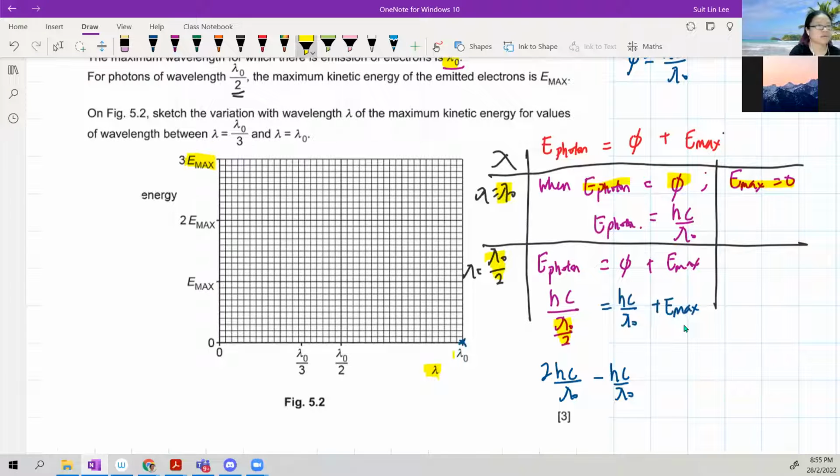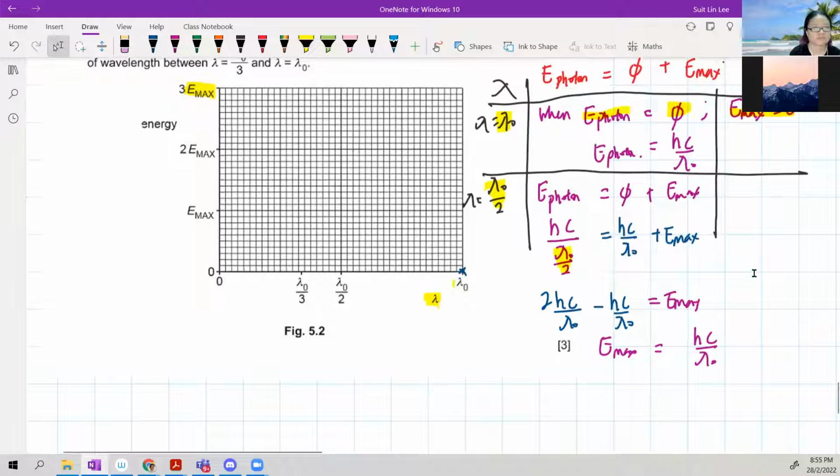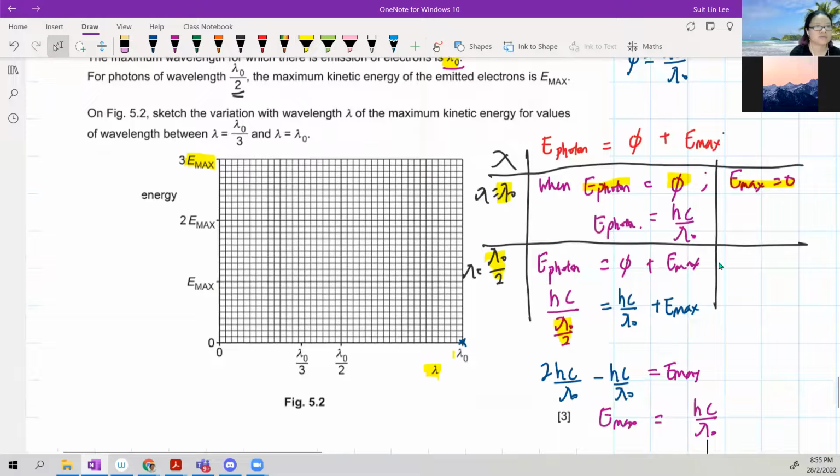And from here I will get my Emax as 1 hc over lambda naught. So when lambda is lambda naught over 2, this is Emax.